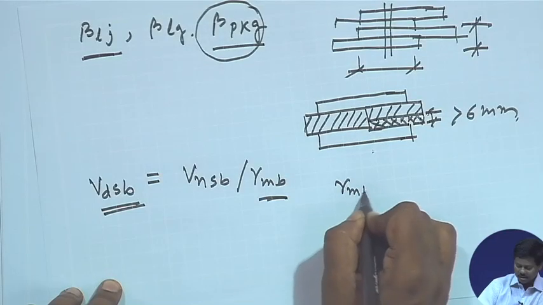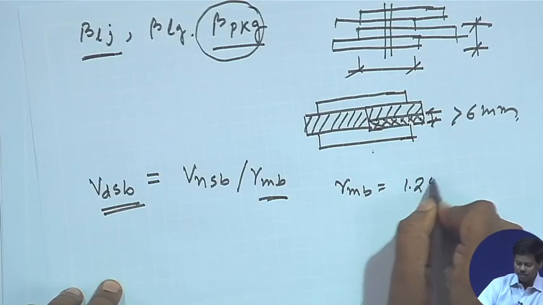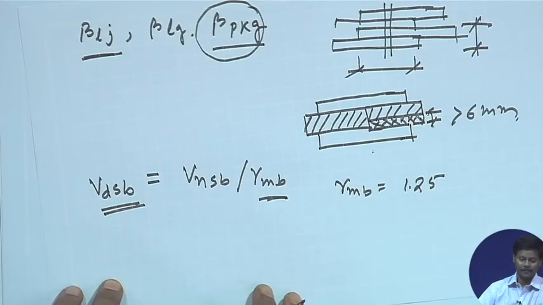In table 5 you will get different types of partial factors for bolted connection, for welded connection, and for different cases, the value of the partial safety factor of the bolt or weld according to the material. Here for bolt we use 1.25, right.